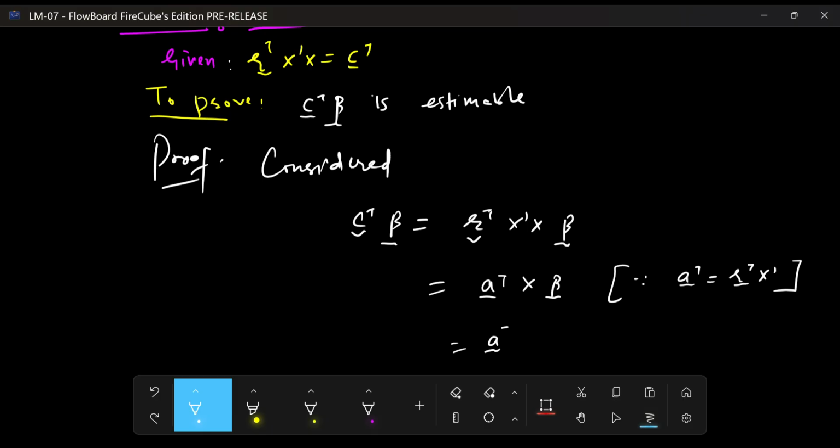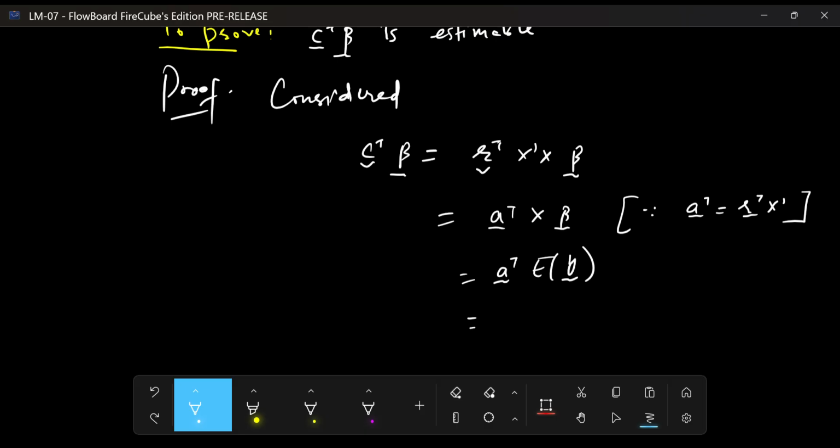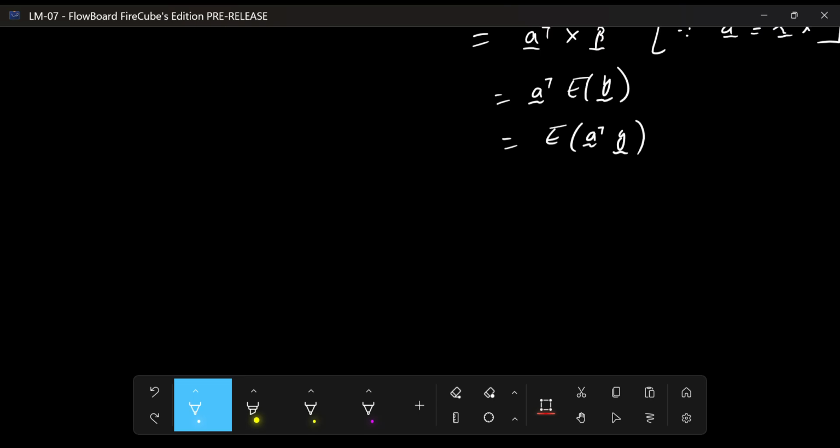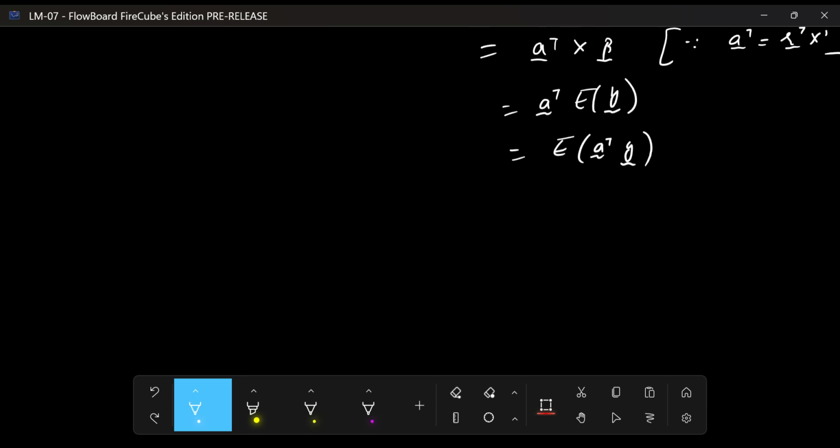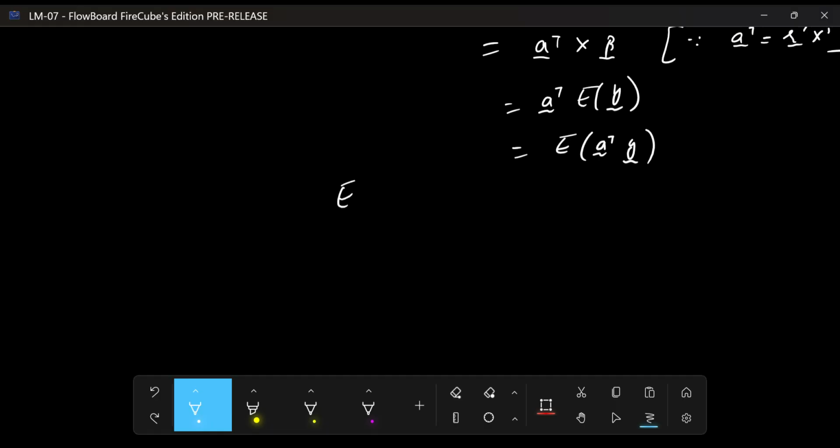This is A curl transpose. What is this? This is the expected value of Y curl. So simply this is equal to the expected value of A curl transpose Y curl. So this condition satisfies that the expected value of A curl transpose Y curl is equal to C curl transpose beta curl. Therefore, C curl transpose beta curl is estimable.